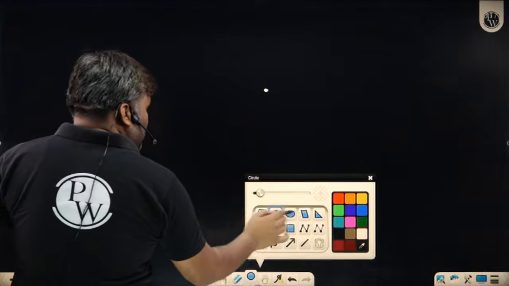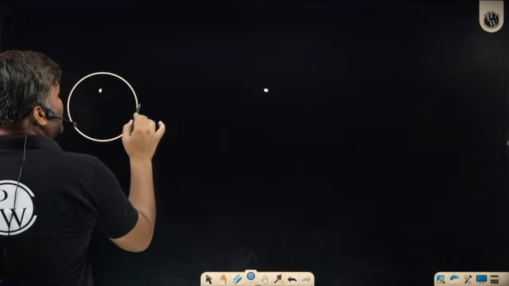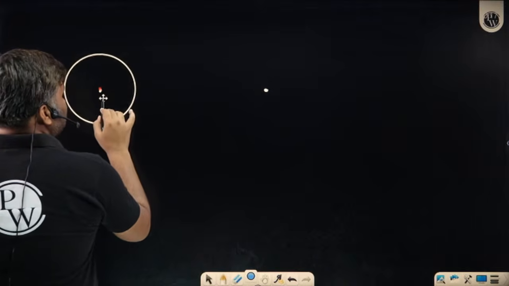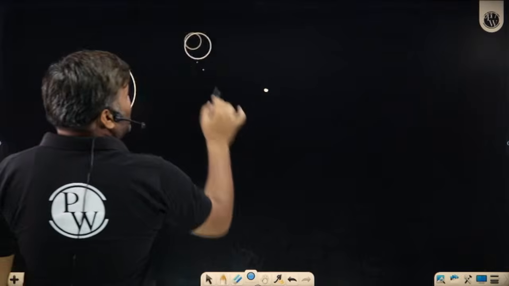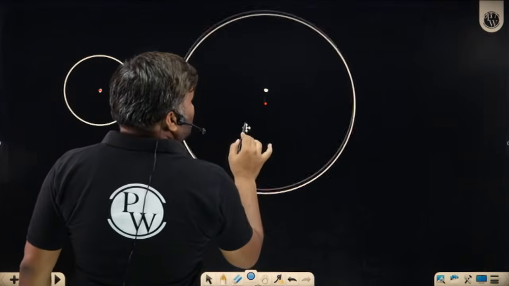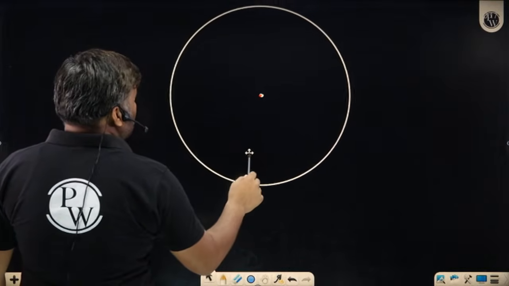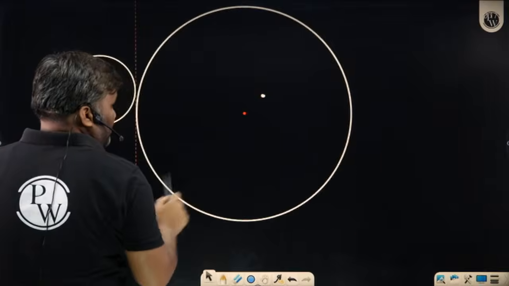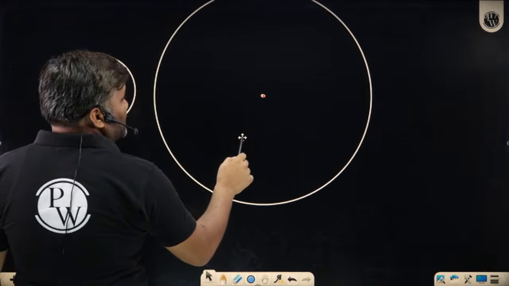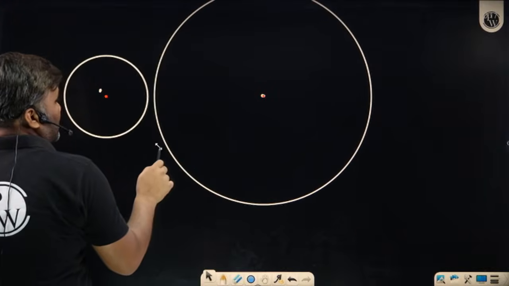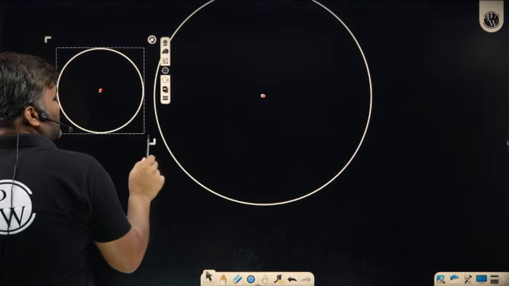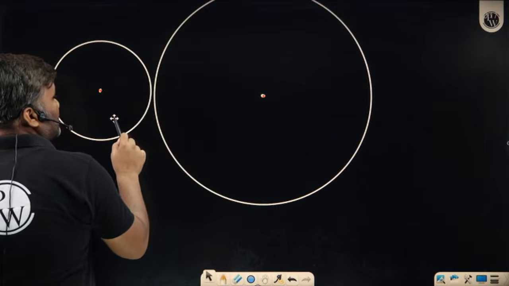You have two choices. First choice is you can connect one gear like this, and you have another gear which looks like this. These two big size gears you have shown. Let me make it even bigger. These are the two gears, both are big.